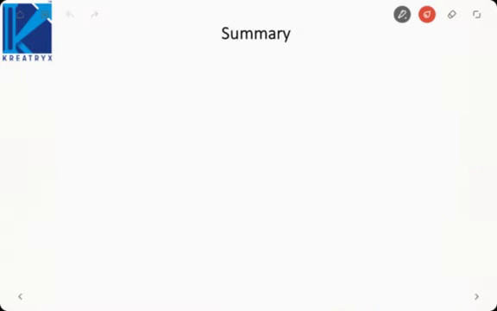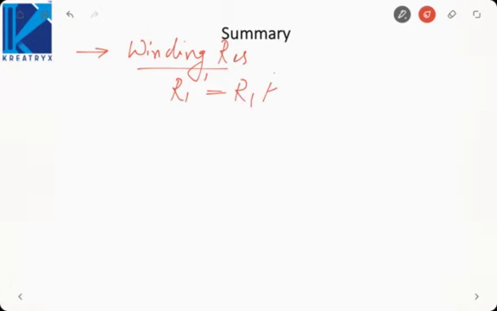So let us summarize what we have learnt in this lecture. We considered first of all winding resistance, and we saw that to refer the resistance to the primary winding, R1 dash will be R1 into K square, transferring the primary resistance to secondary, and transferring the secondary resistance to primary will be R2 by K square.